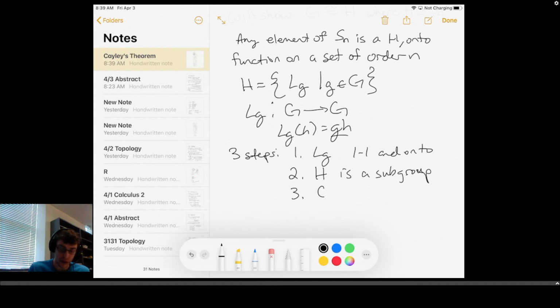And three, I have to show that G is isomorphic to H. So it's these three steps: that we truly have permutations, so we lie inside Sn, that it's a subgroup of Sn, and then that G is isomorphic to it, so that we get our result. And definitely ask questions if you have them. I'm still looking at chat.